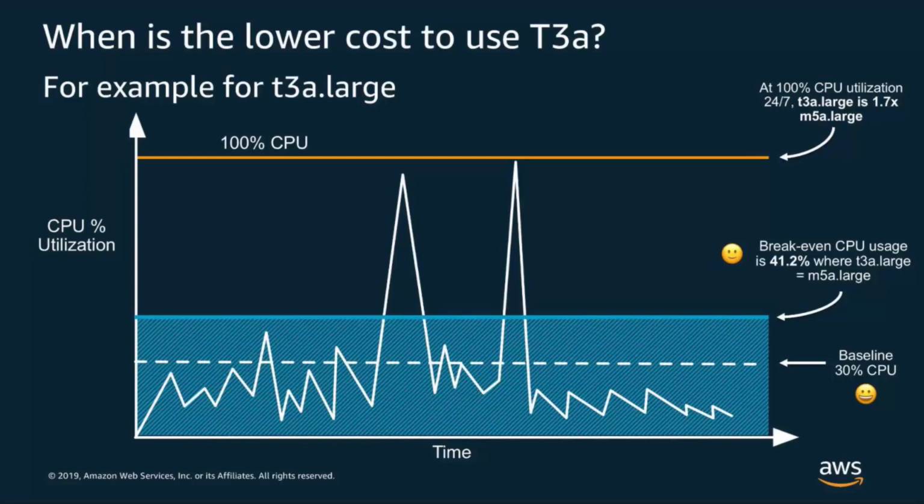So for that orange line where you're running at 100% CPU utilization, T3a large with all the additional credits you're going to have to purchase would actually be 1.7 times more expensive than an M5a large. So in that case, you're actually quite sad because now you're losing money and you should be using an M5a large.